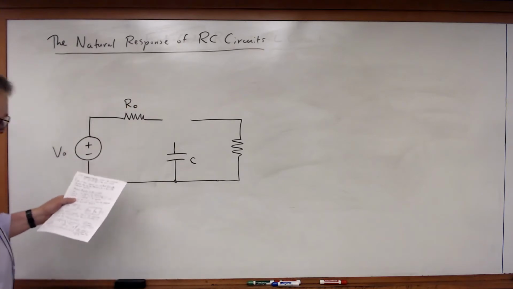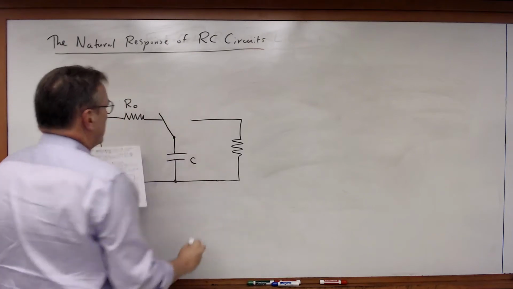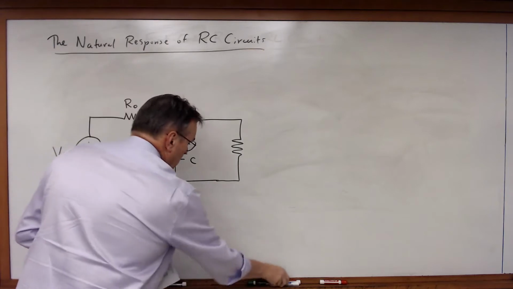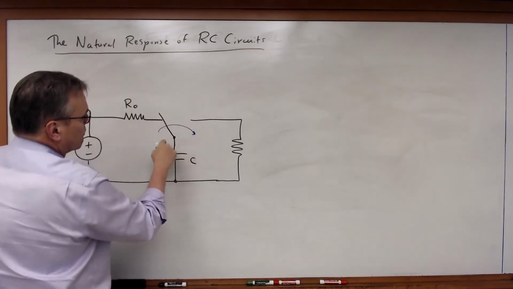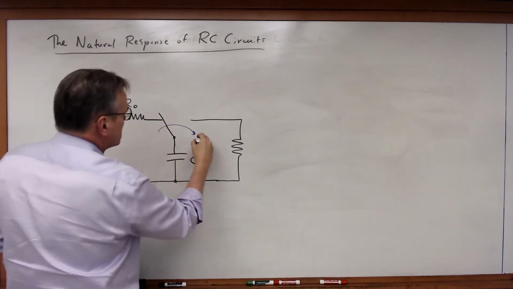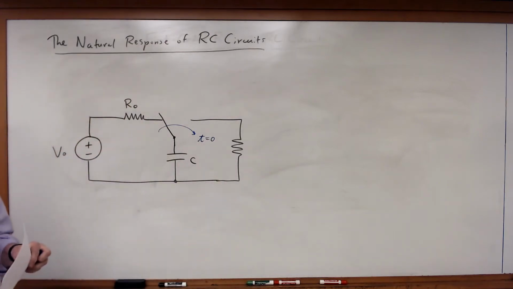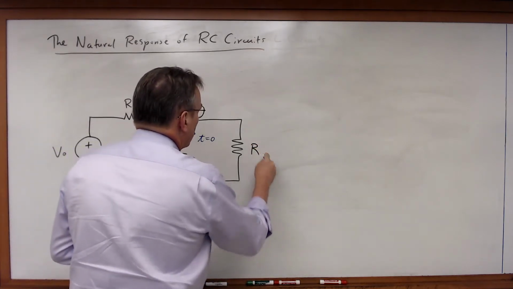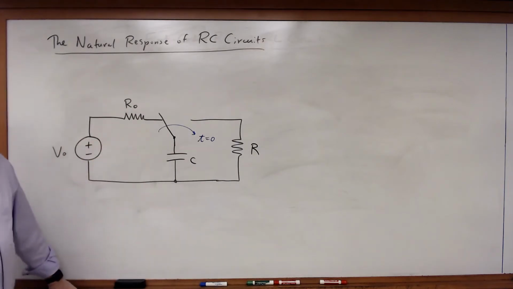Now in this circuit, I'm going to include something you're going to be seeing a great deal of, and that is a switch. What I have is a switch that can flip from this position over to that position, and in this case, I'm going to say this switching event is going to occur at time t equals 0. I'll call that resistor R. So here we have a circuit distilled down to the basics.